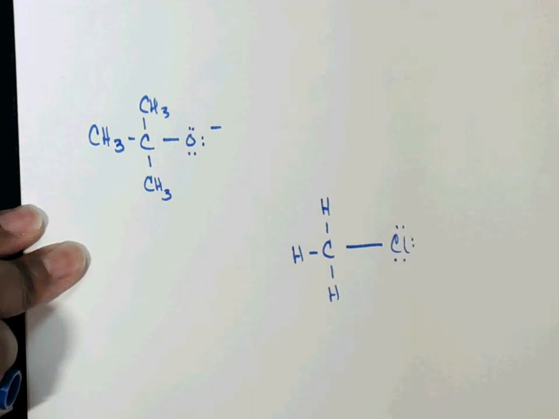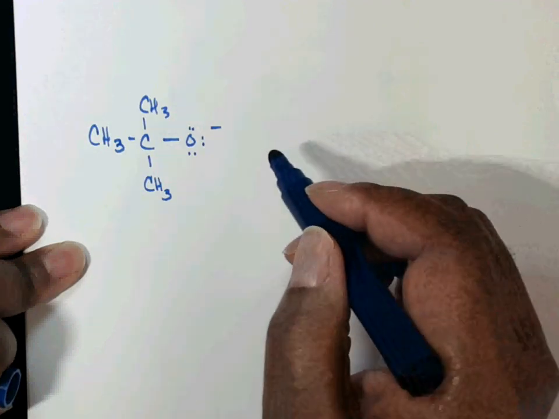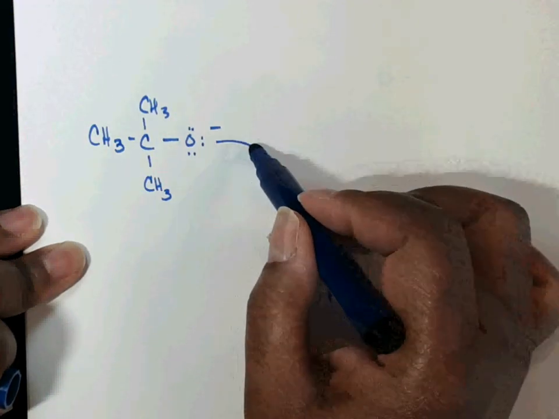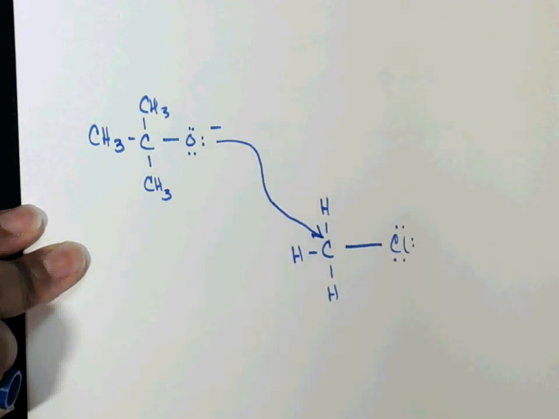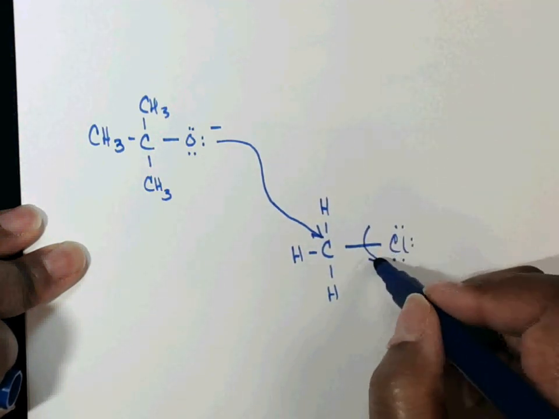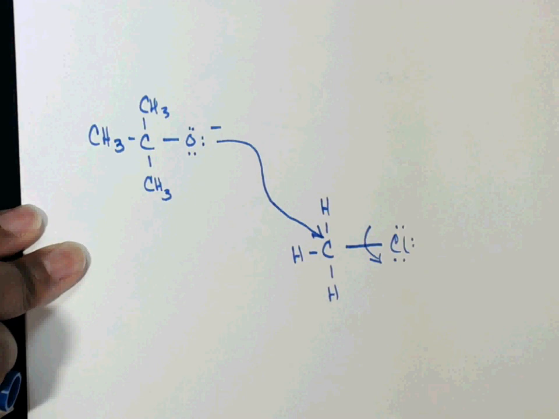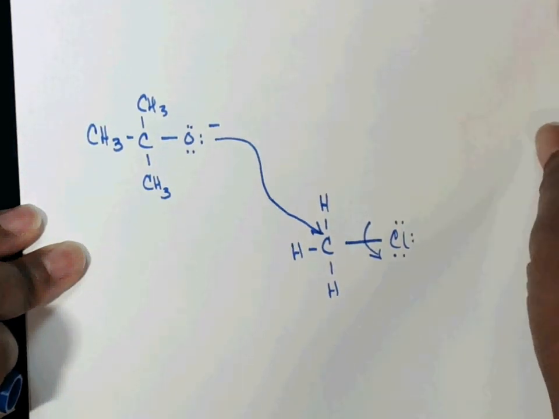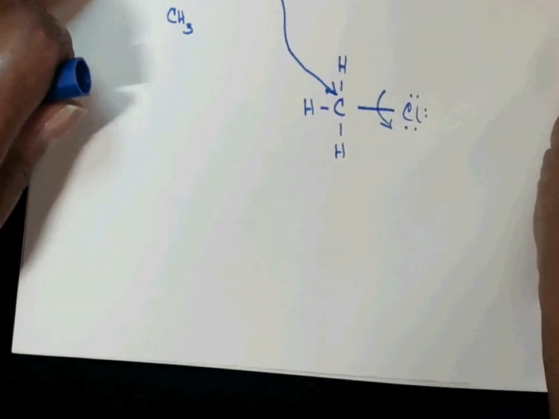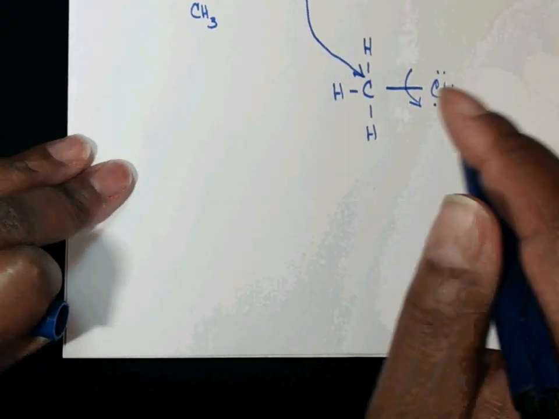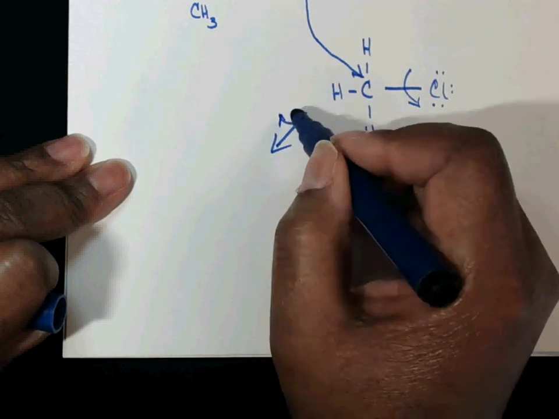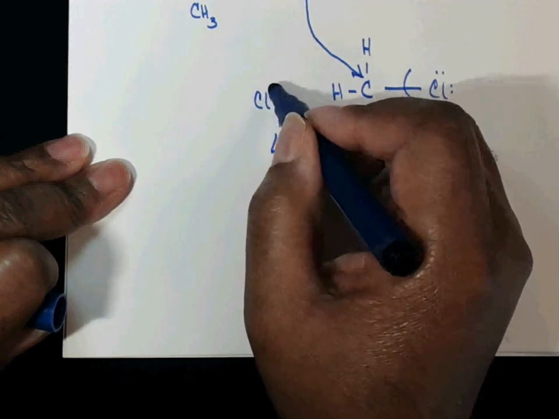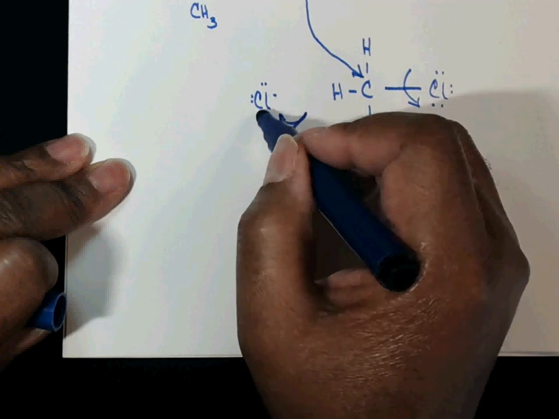So we said this was an SN2 type mechanism. So the T-butoxide will hit the methyl carbon, thereby forcing out the chlorine. So there's the chloride gone.